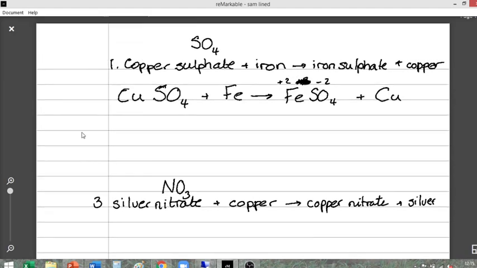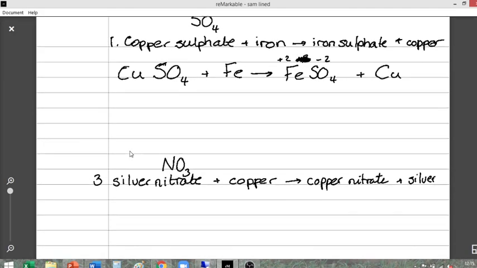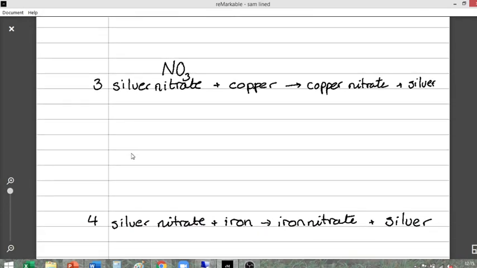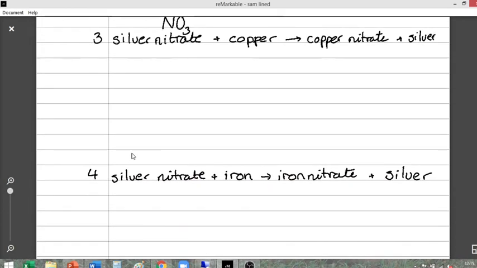For number 2, there's no reason to do number 2 because there was no reaction. For number 3, we've got silver nitrate. Silver is Ag. Nitrate is NO3. Silver has a +1 charge. Nitrate has a 1- charge. So again, in terms of ionic compounds, that cancels out.